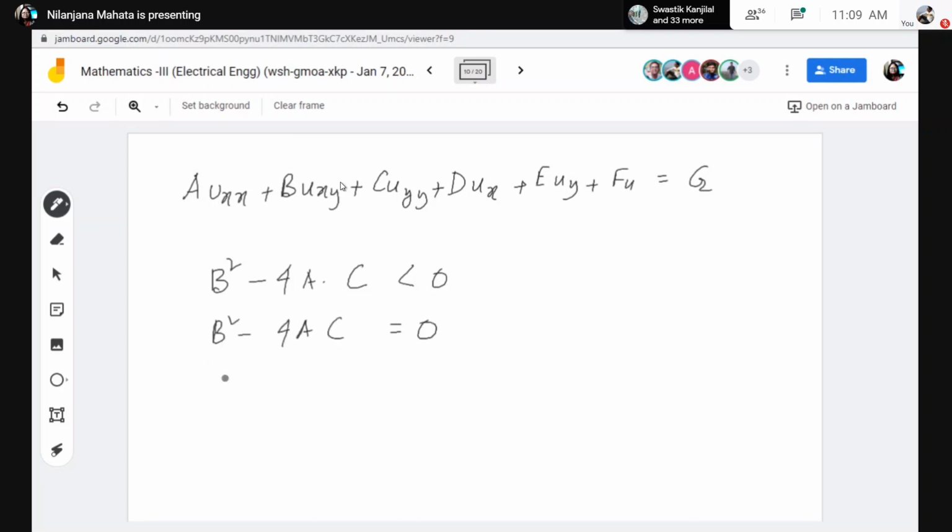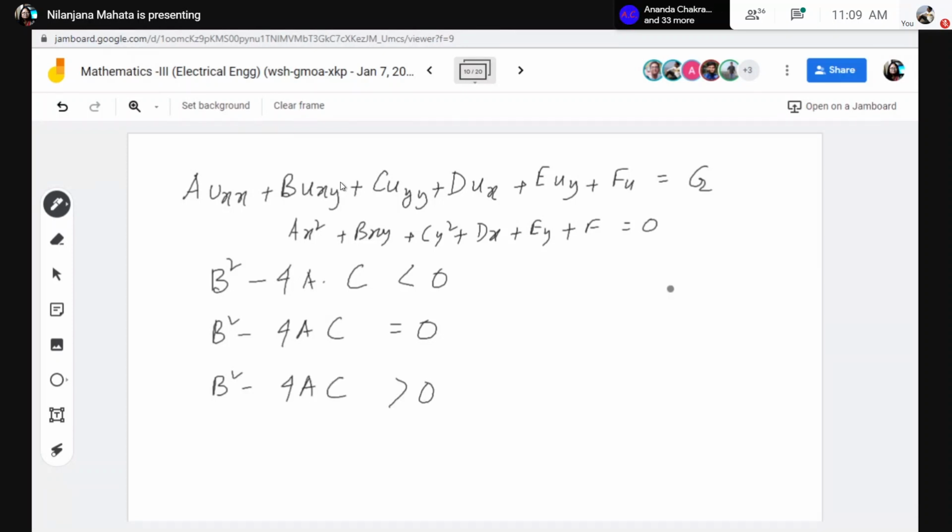You remember the similar form, I think you have done in your geometry class, in coordinate geometry. The condition for parabola, the condition for hyperbola.